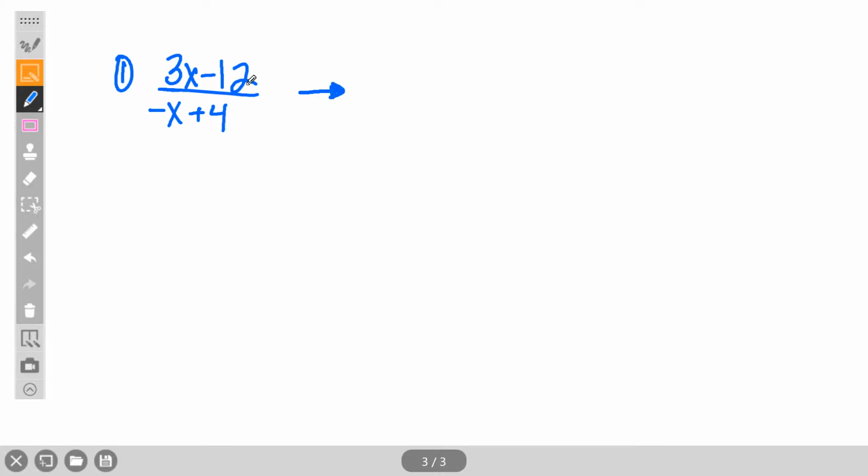In the numerator, we can factor a 3 out of this and get x minus 4. In the denominator, we can factor a negative 1 out, because the first term is negative and you always need to factor out a negative if the first term is negative. So if I factor out a negative 1, I'm left with x minus 4.